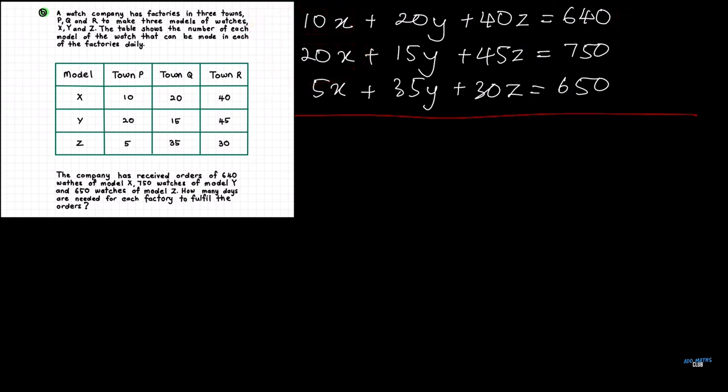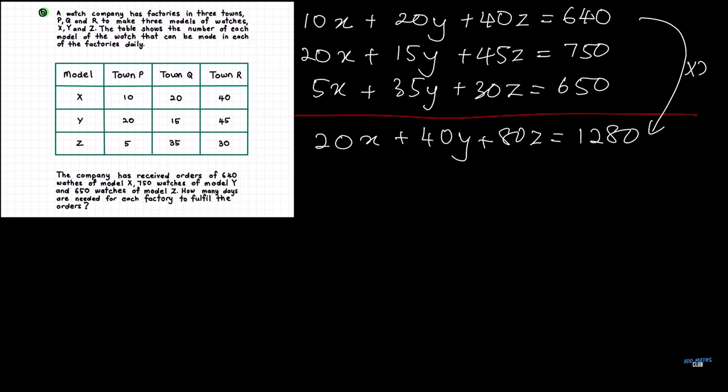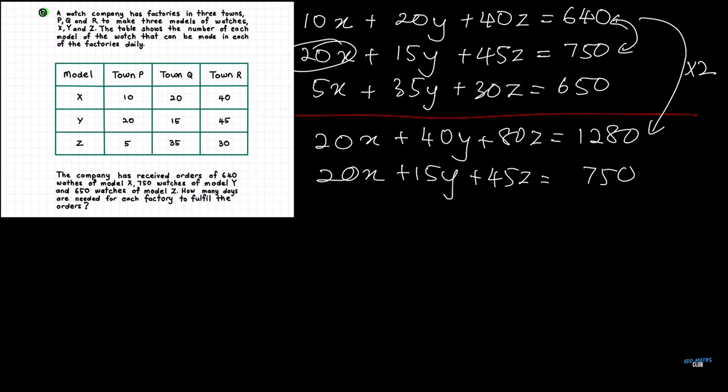So what will happen here is 20x plus 40y plus 80z equals to 1280. What happened? Equation 1 saya darab dengan 2. Sebab apa? Sebab saya nak tolak equation 1 dan equation 2. Equation 2 saya tengok sini 20x. I want to make it same. Baru hilang variable x. Plus 45z equals to 750.